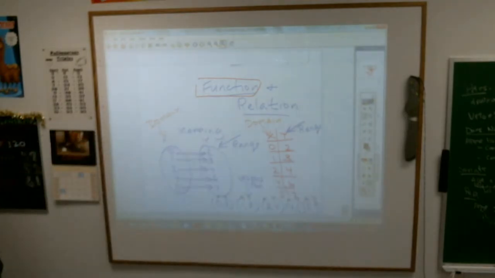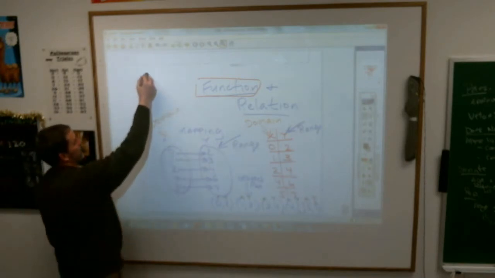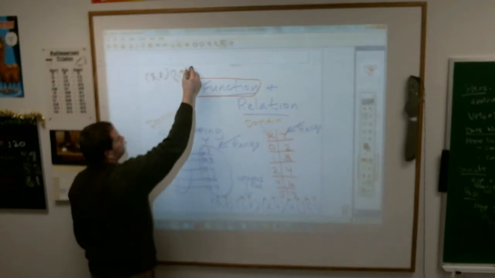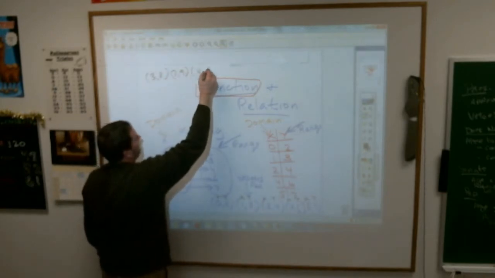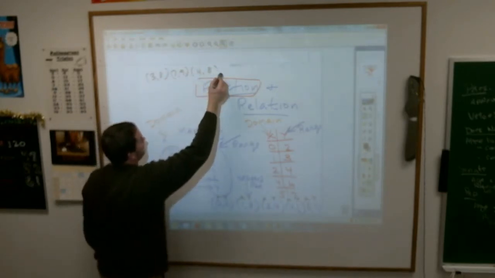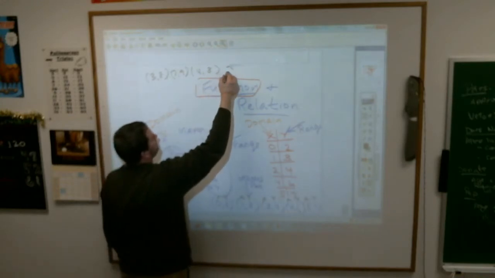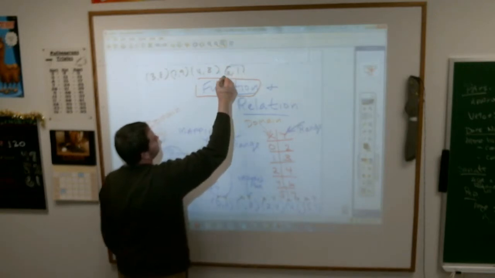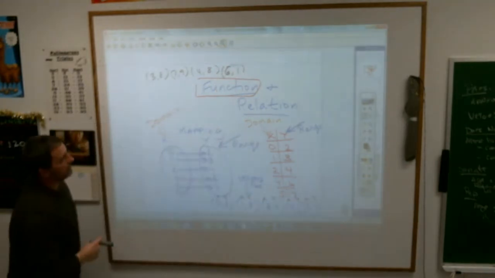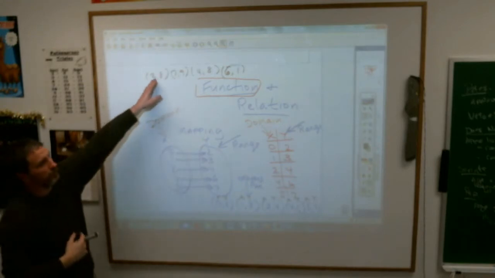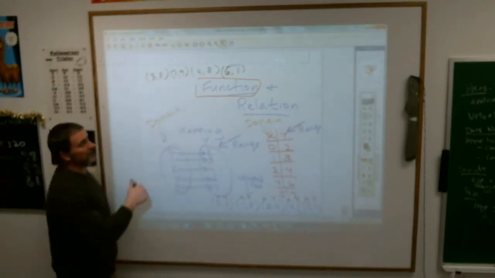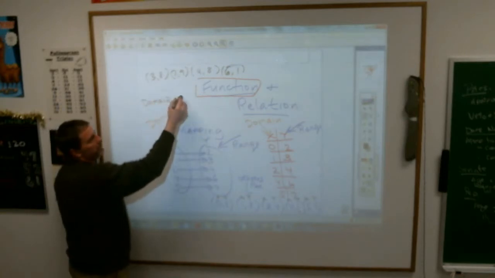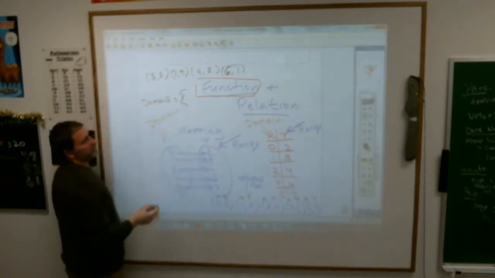What the book will give you is a group of numbers like this: 3, 8; 7, 9; 4, 8; 6, 1. I am making this up in my head. If I gave you this group of ordered pairs and asked you to give me the domain, domain would equal, and then you put a set of numbers.